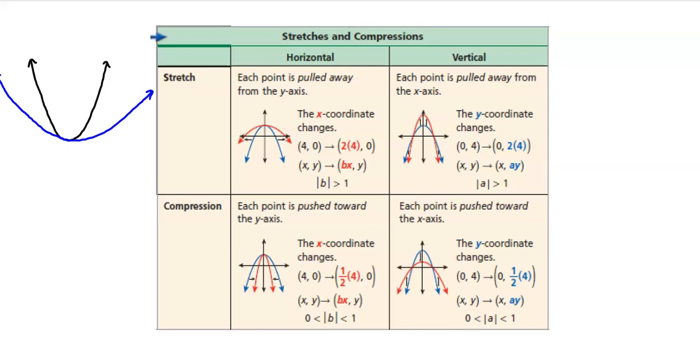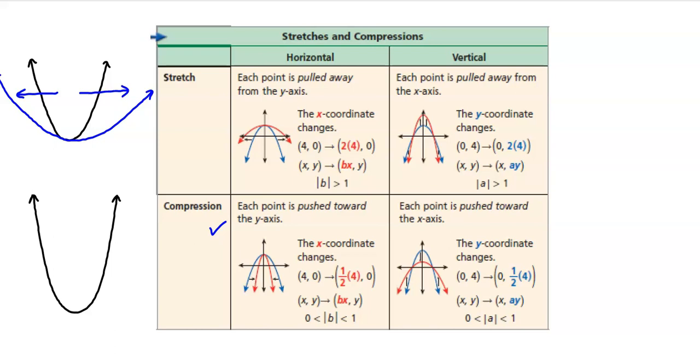So the blue represents a horizontal stretch. So I'm yanking everything out away from the y-axis, all right? And then if I'm going to compress it horizontally, so that would be this box down here, if I start with my standard thing, and I compress it horizontally, that means I'm going to apply pressure in, all right?